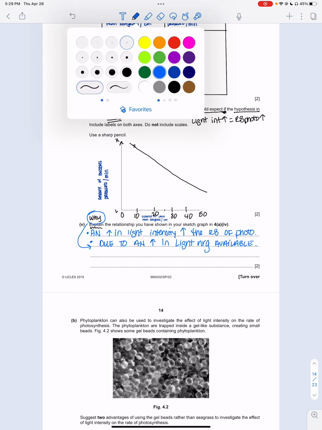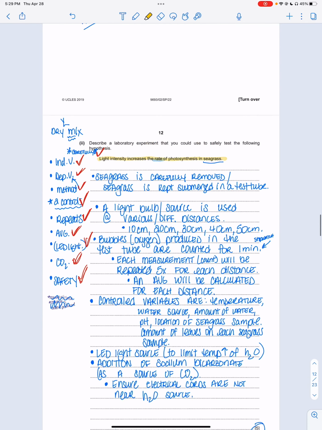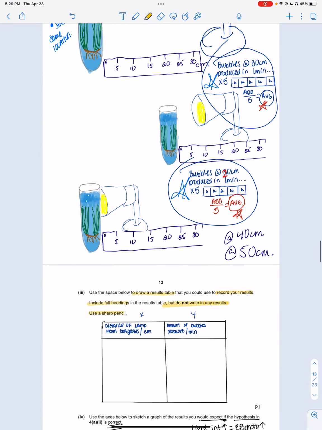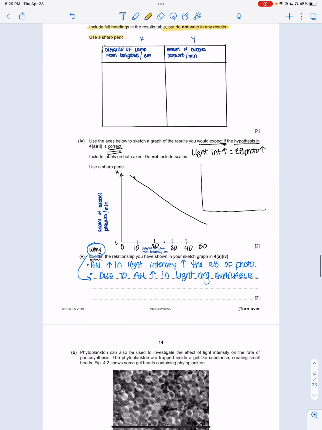I feel like the fact that they said if the hypothesis was correct, the hypothesis was light intensity and the rate of photosynthesis. Perhaps it's not based off your own.